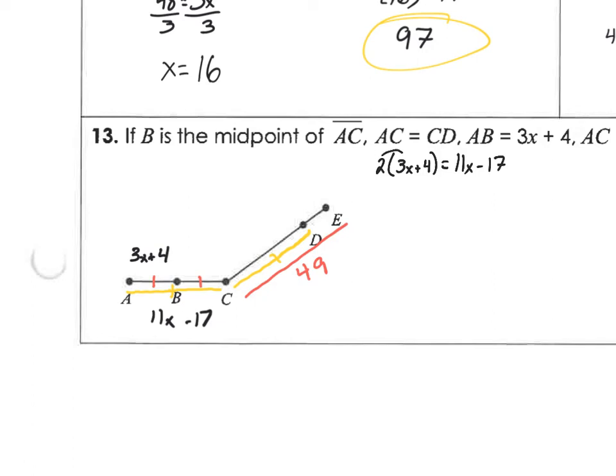If we distribute these, we'll get 6x plus 8 equals 11x minus 17. Does this look like a familiar problem that we can solve now, right? We want to get our x's on the same side. And we want to get our other numbers on the other.